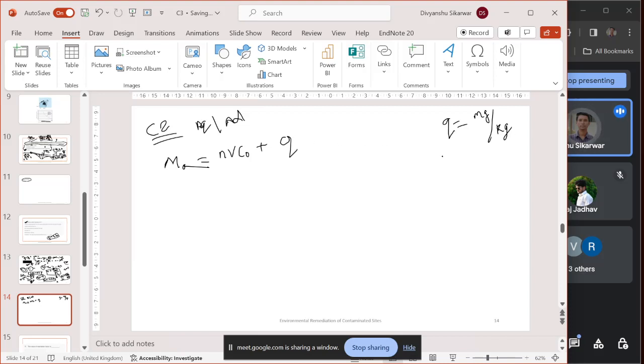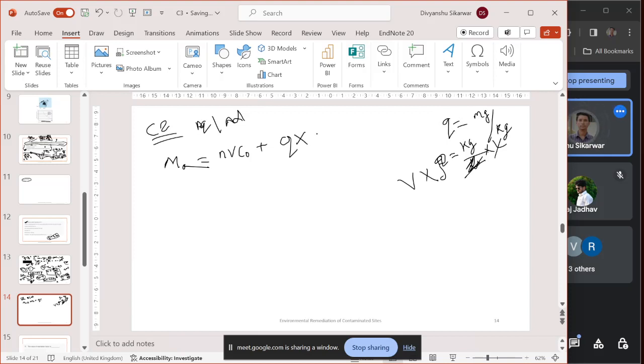So how can we calculate how much soil is there? If we know the bulk density of the soil, it will be density. What is the formula for density? Mass divided by volume, kg per liter or per meter cube. If we multiply it with the volume of soil, we will get the weight of the soil, and if we multiply that weight of soil with Q, we will get how much contaminant is present.